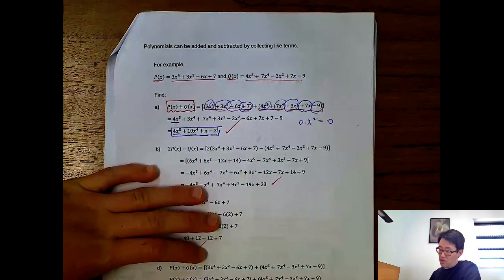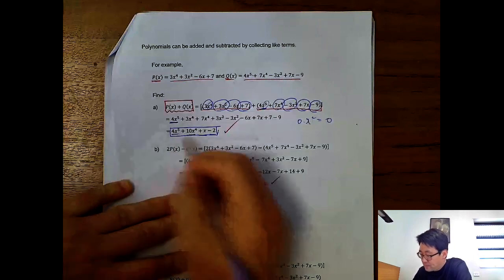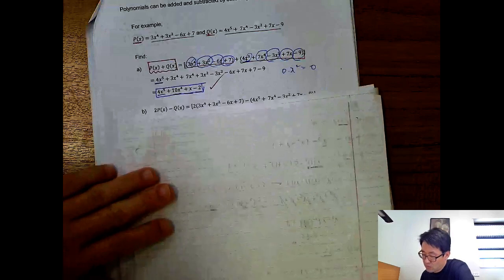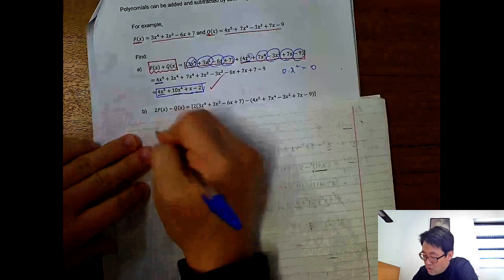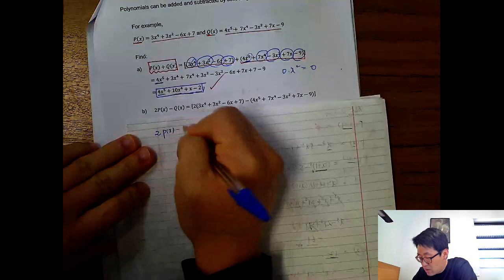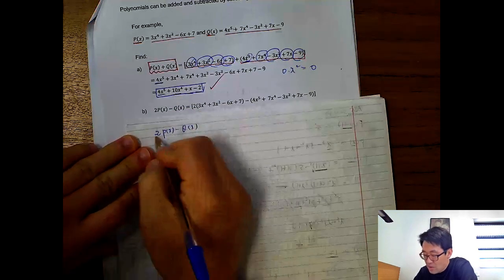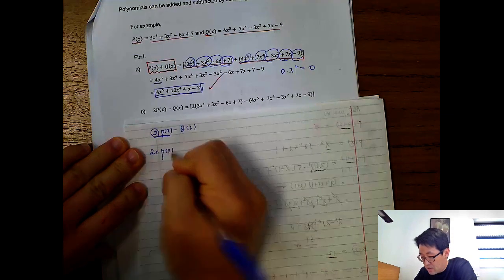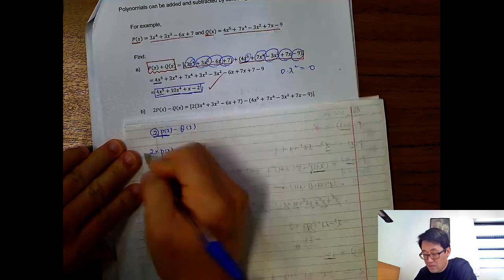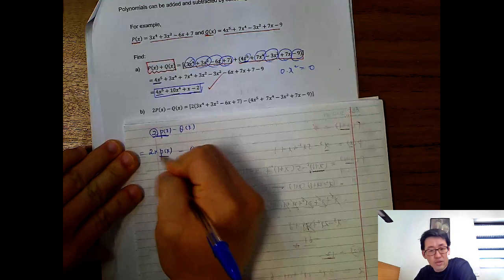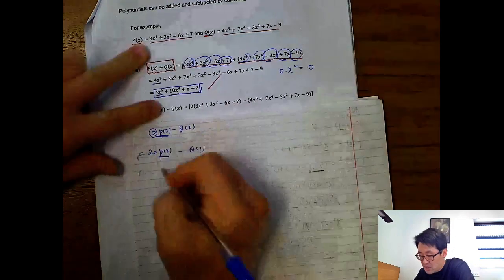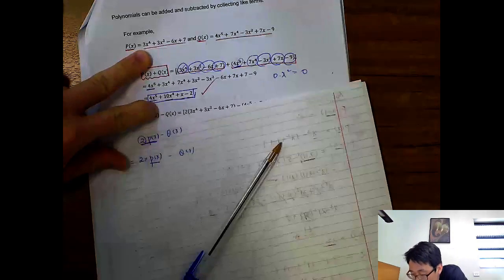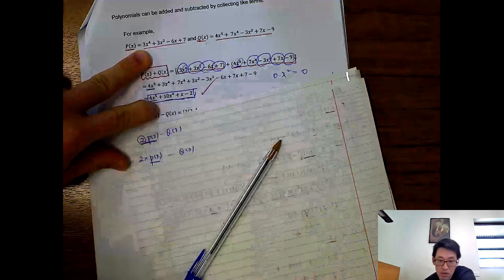Okay, next one. 2px minus qx. 2px is 2 times px minus qx, isn't it? Twice bigger than px. All I need to do is times 2. So what is px here? 3x power 4 plus 3x squared minus 6x plus 7, isn't it?